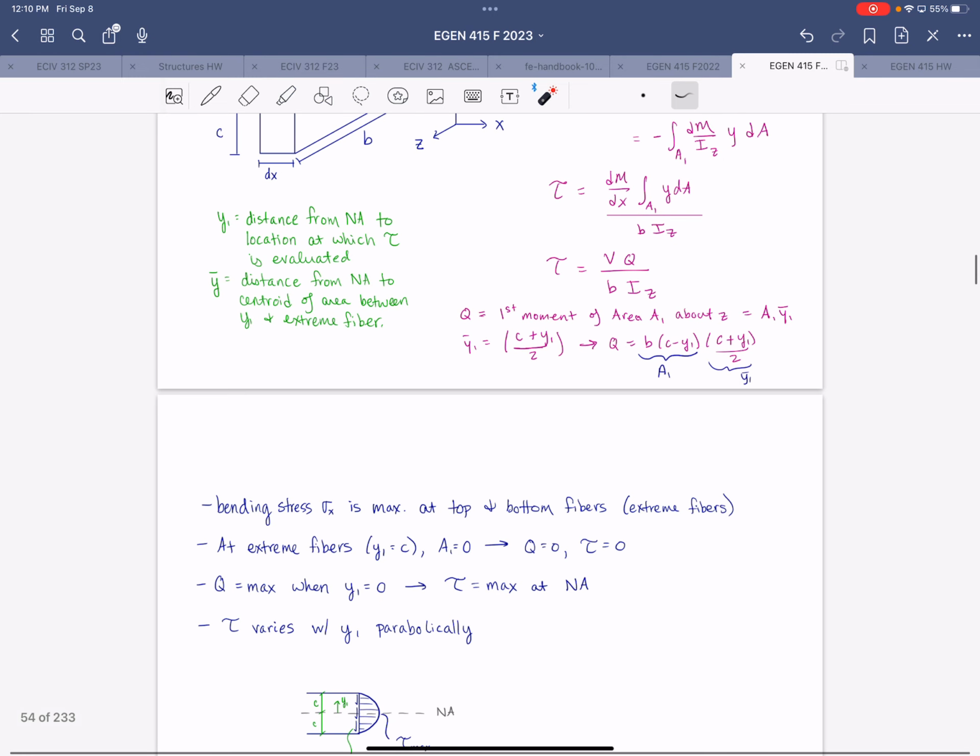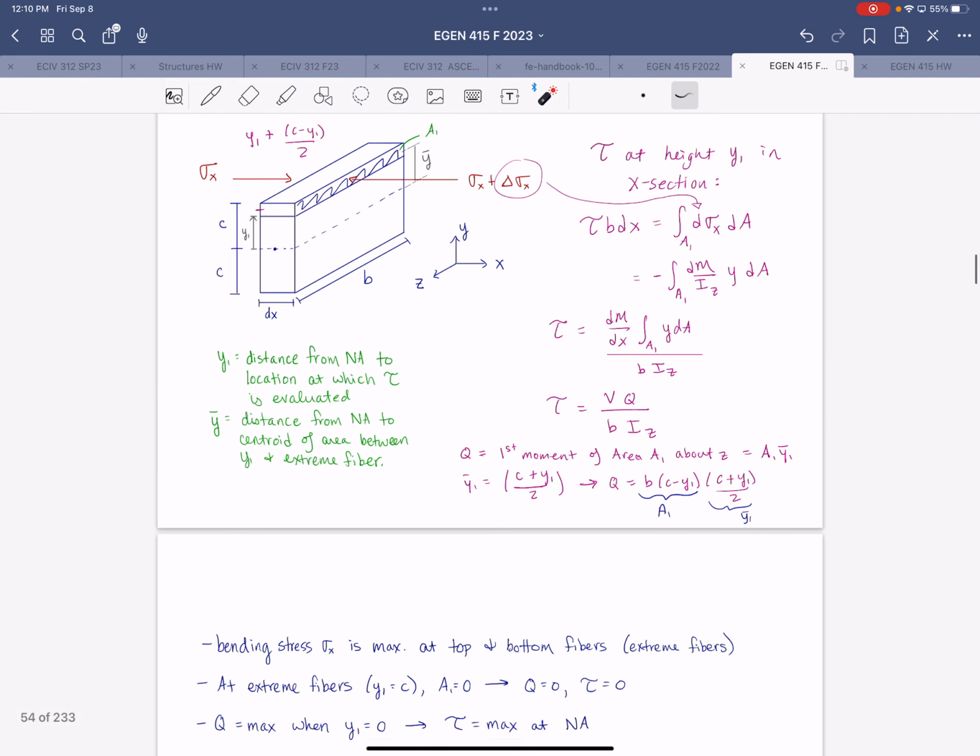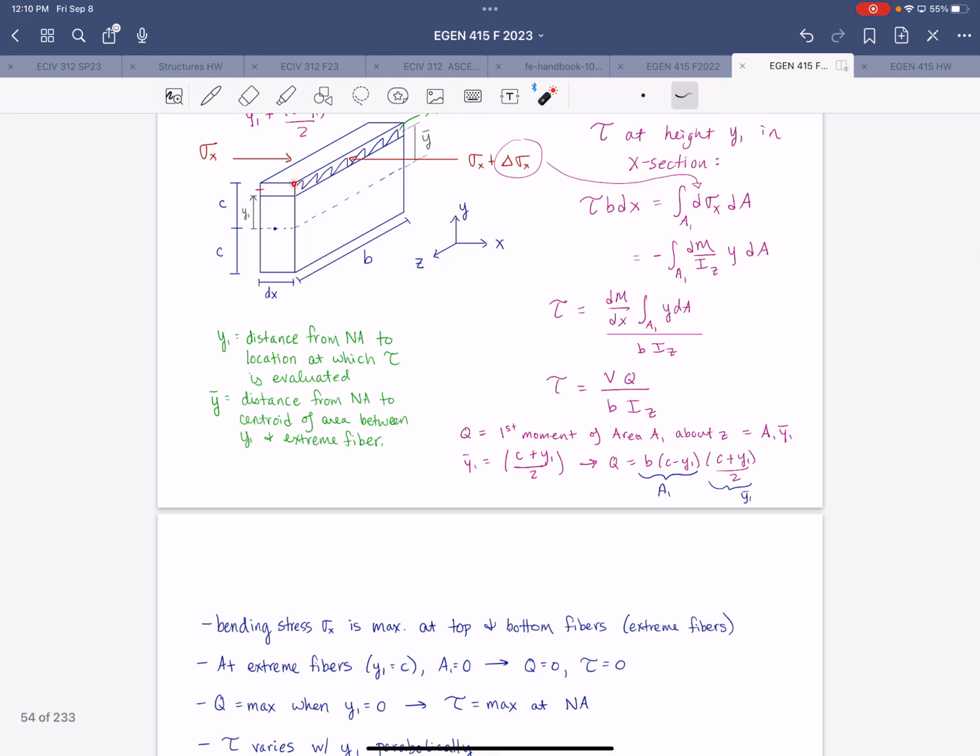All right, so continuing on, a few comments here. The bending stress, as we know, is going to be maximum magnitude at the extreme fibers, so top and bottom, farthest distance from the neutral axis. And at those extreme fibers, for shear stress considerations, if you're considering a point at the top, the area A1 is going to be 0 because there is no area above that point.